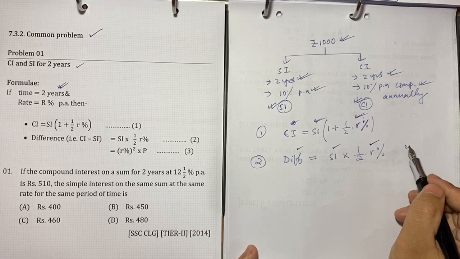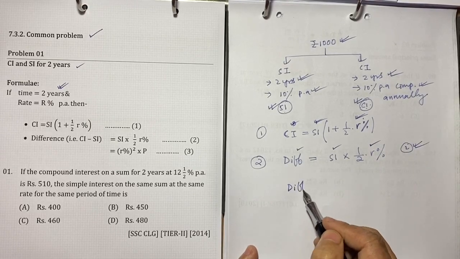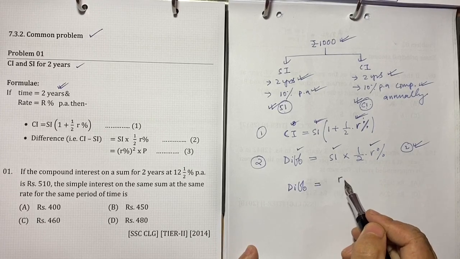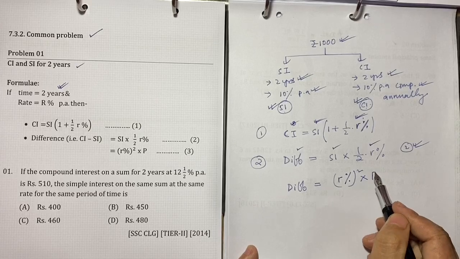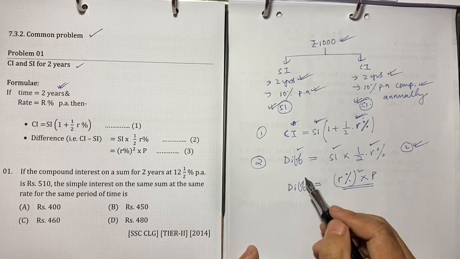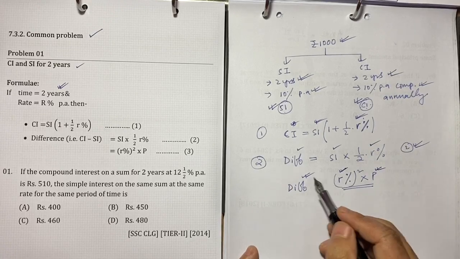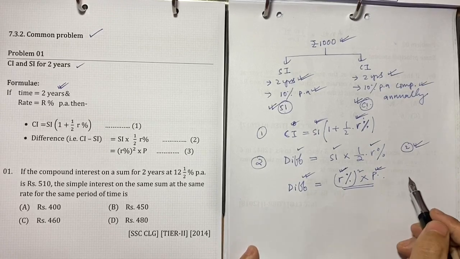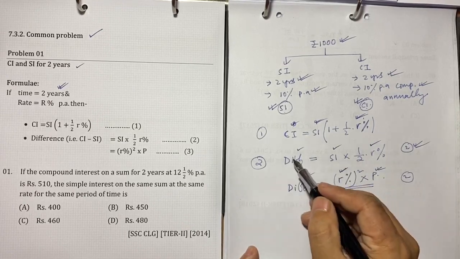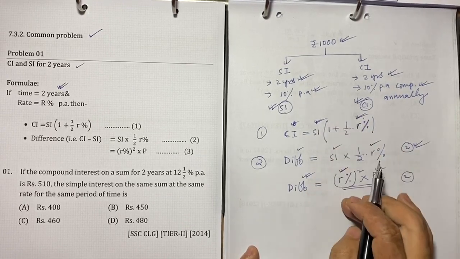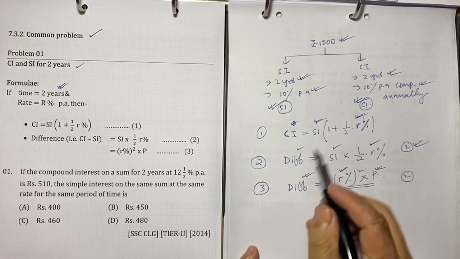The difference is (r%) squared into p. Where r is the rate and p is the principal. Both formulas are exactly the same, just simplified.